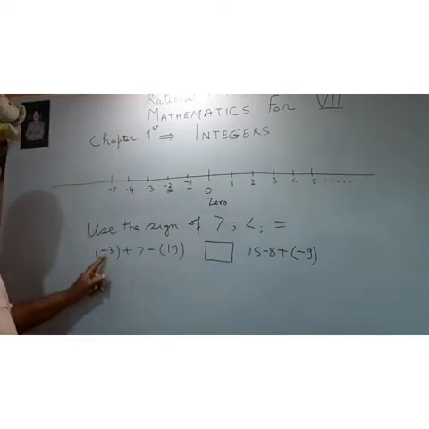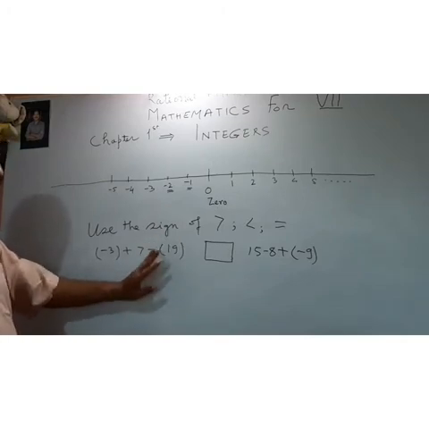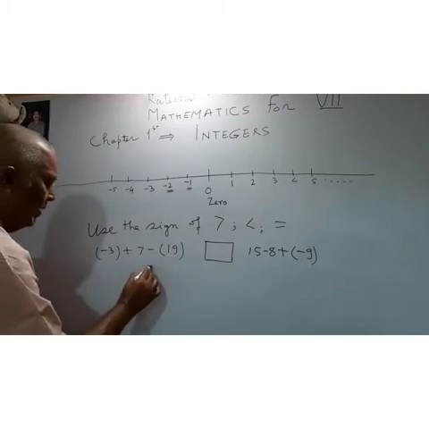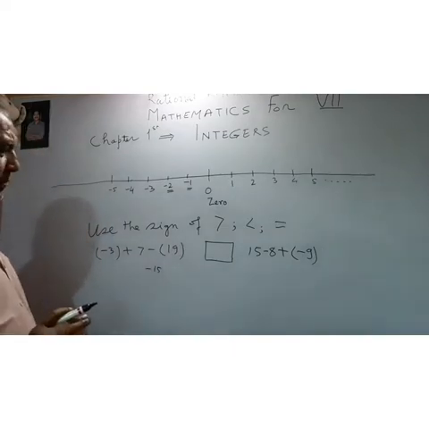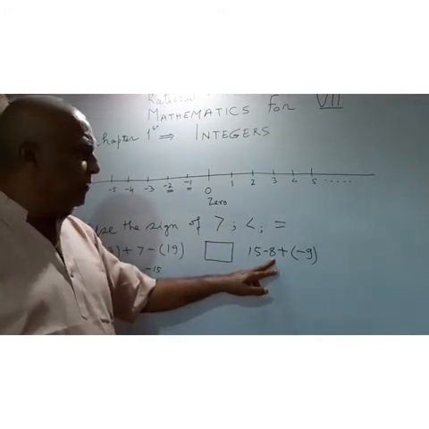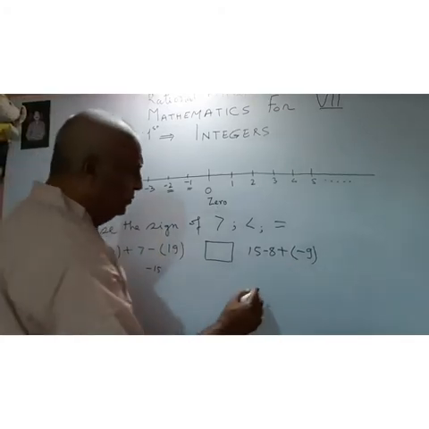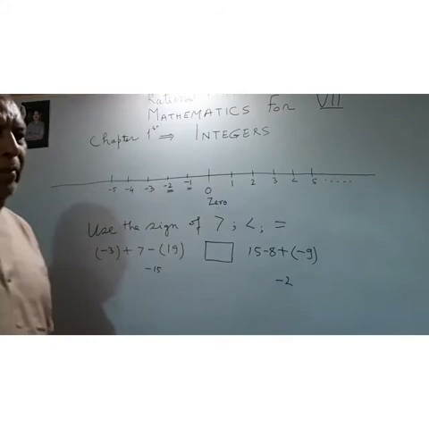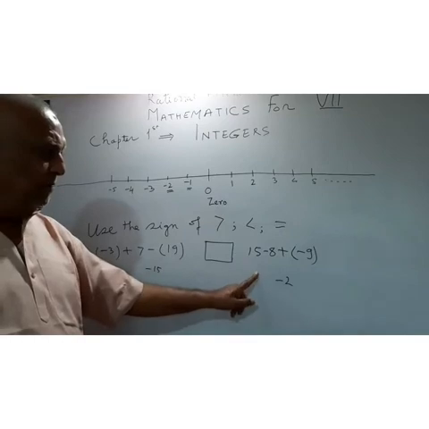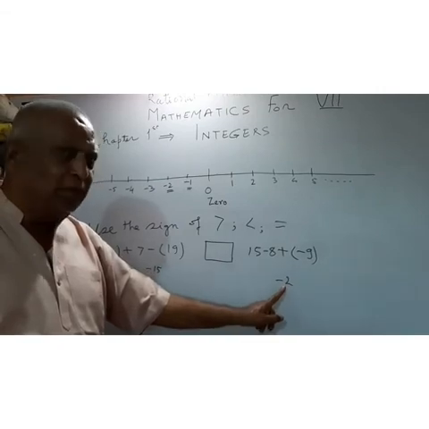You have to see here, -3 plus 7, that will give you 4. Minus 19 means minus 15. You may, very simply you can do this. What here? 15 minus 8 means 7 plus minus 9 minus 2. Be careful. 15 minus 8, 7 plus minus makes minus. 7 minus 9 is equal to minus 2.